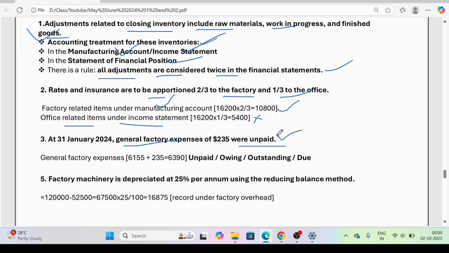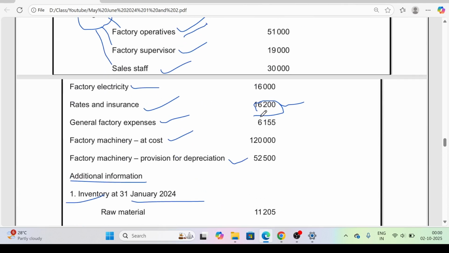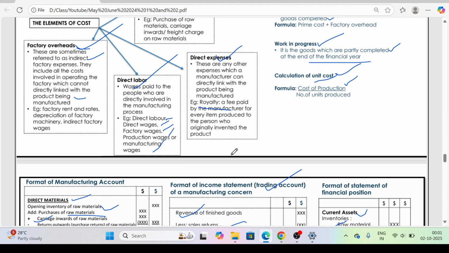Remember, unpaid has different names: unpaid, owing, outstanding, due. That means we must plus it. General factory expenses is in the manufacturing account. Let's see general factory expenses, what is the amount they gave? Yes, 6,155.